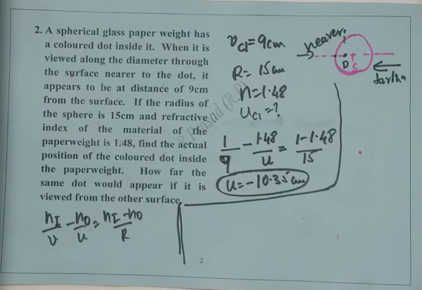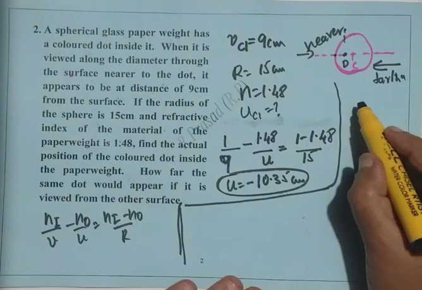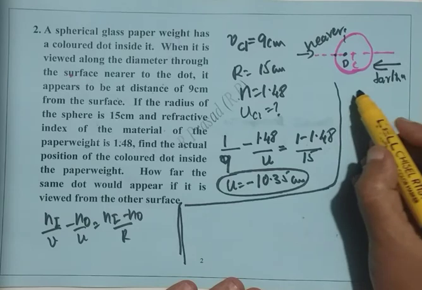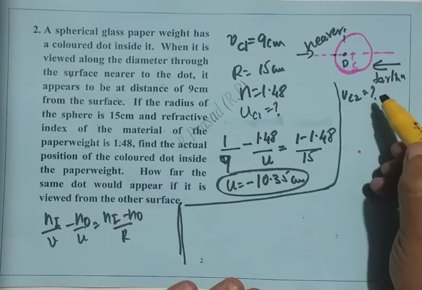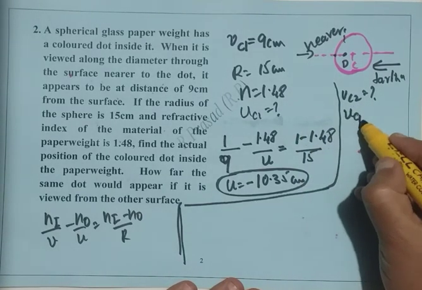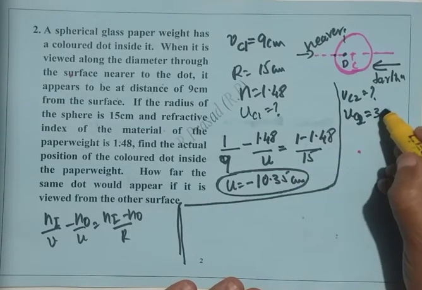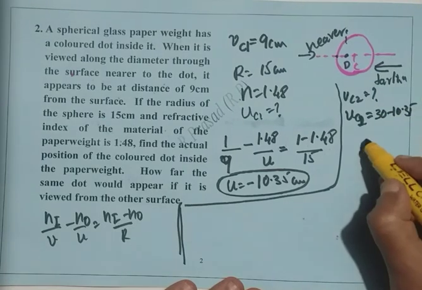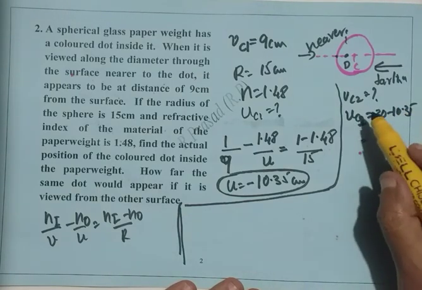Now, from the farther side, the things are given like this. We want to find out VC2, that is from the farther side. R and all those things are the same. UC2 is 30 minus 10.35. 30 is the diameter, 10.35 is the original object distance.